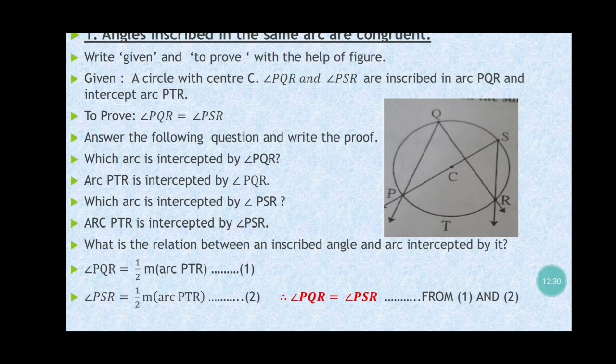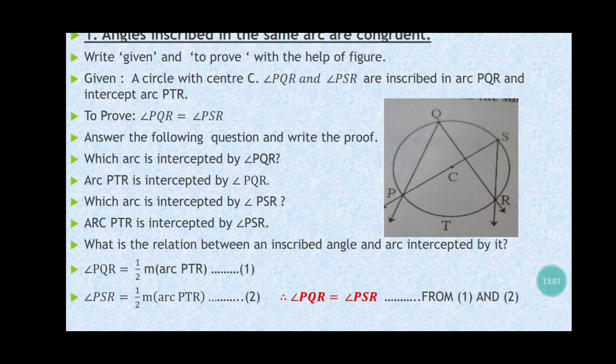Now here both the angles. Which arc is intercepted by angle PQR? The arc intercepted by angle PQR is arc PTR. Okay. And which is the arc intercepted by angle PSR? That is arc PTR. Right. Both are intercepting the same arc.